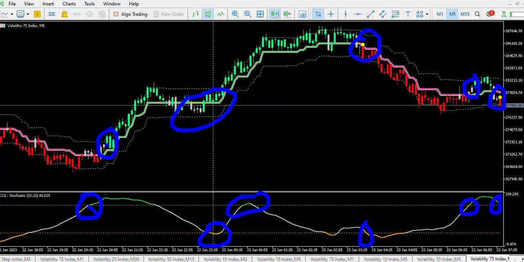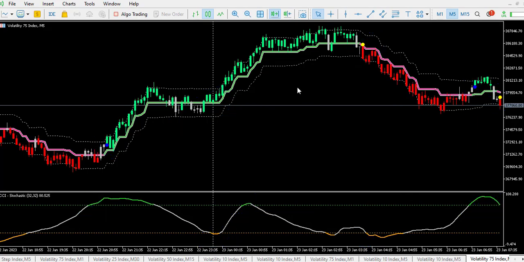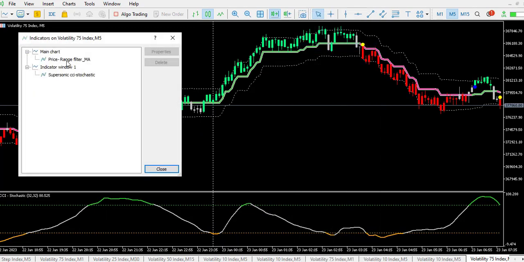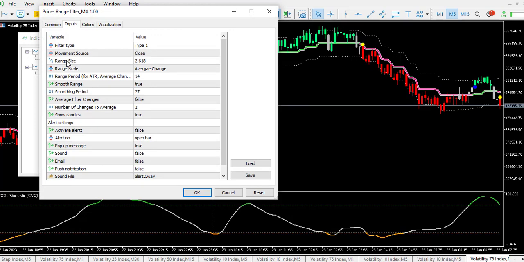Now let me show you the settings for each of the indicators. The first indicator here is Price Range Theta MA, and here I use type 1. You can use any one you want, but if you change it, you are going to see the difference in the setting and in the signals generated.